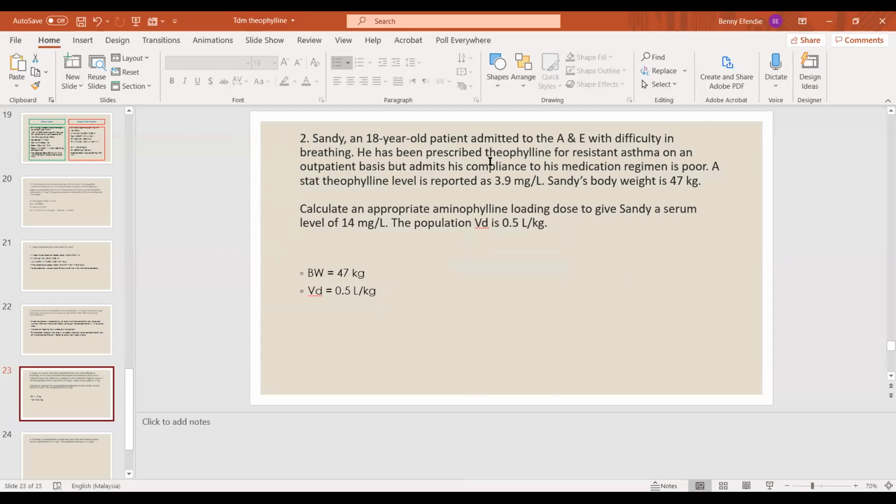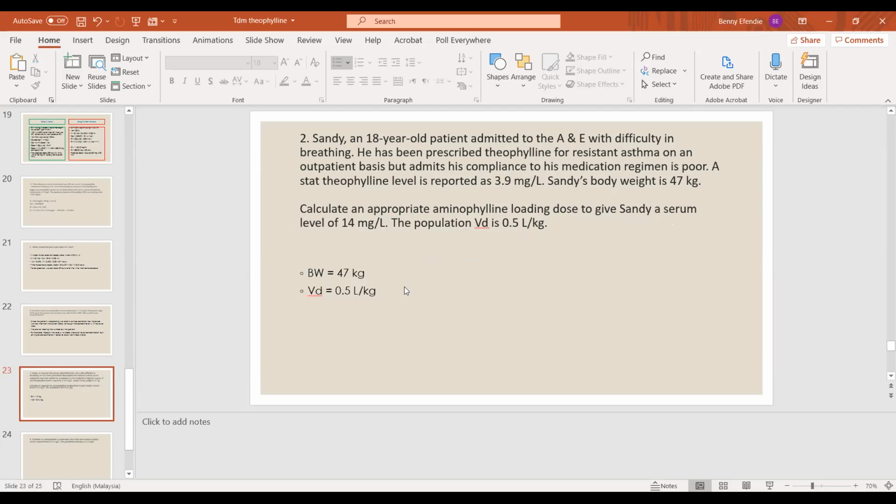He has been prescribed theophylline for resistant asthma on an outpatient basis, but admits his compliance to this medication regimen is poor. A stat theophylline level is reported as 3.9, which is very low. Sandy's body weight is 47. Calculate an appropriate aminophylline loading dose to give Sandy a serum level of 14. The population VD is 0.5.